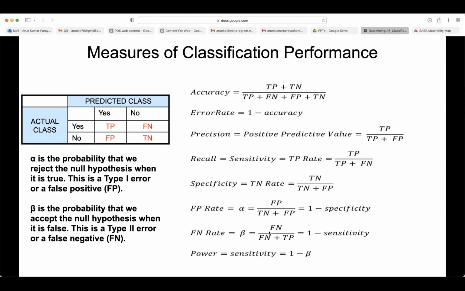If you directly compute false negative rate, FN by FN plus TP, then you can get sensitivity by 1 minus beta. So why are alpha and beta important? Alpha is false positive rate, beta is false negative rate. False positive means what? They are not positive, but they are identified as positive by the algorithm.